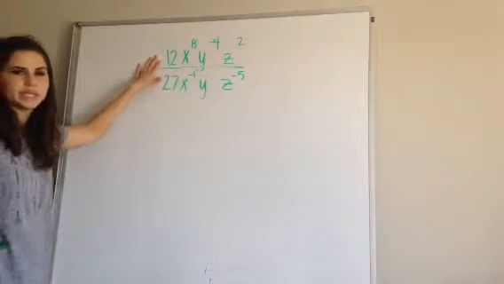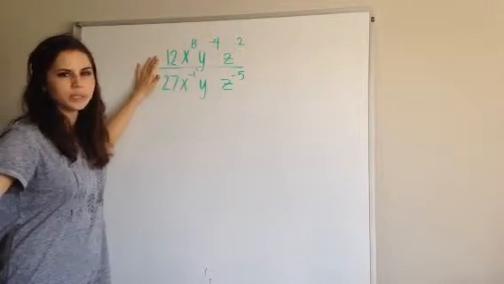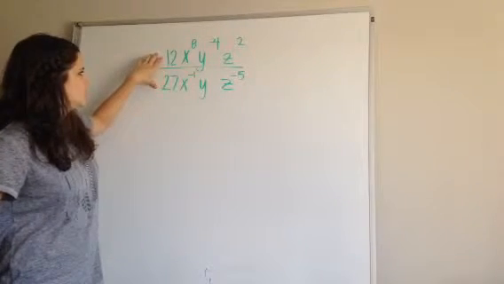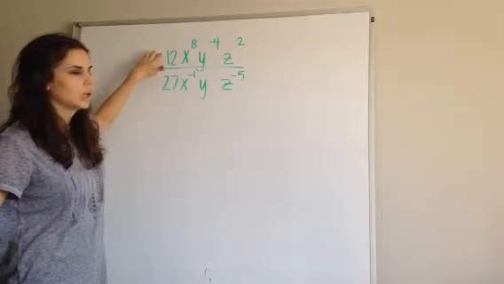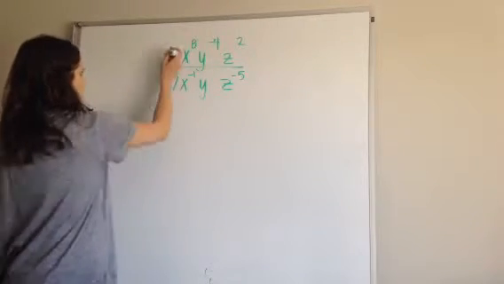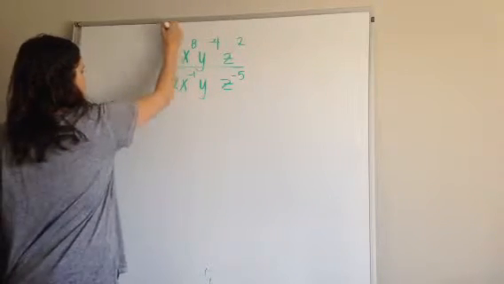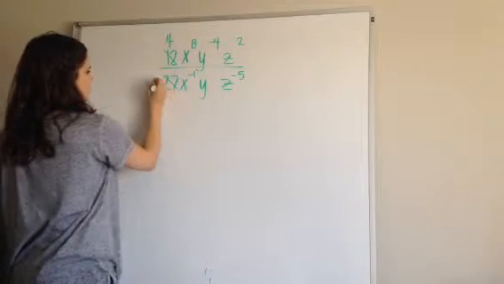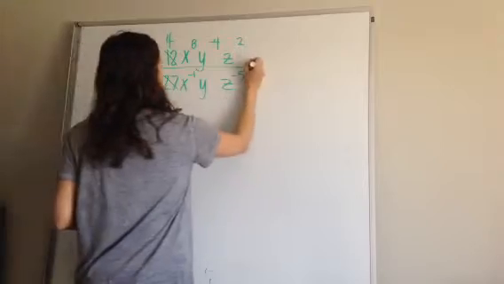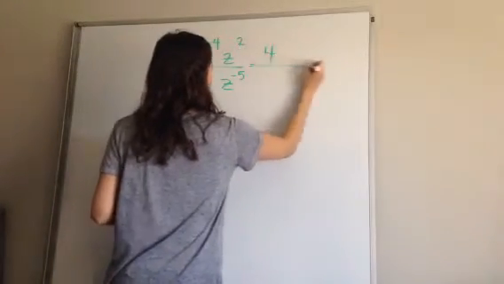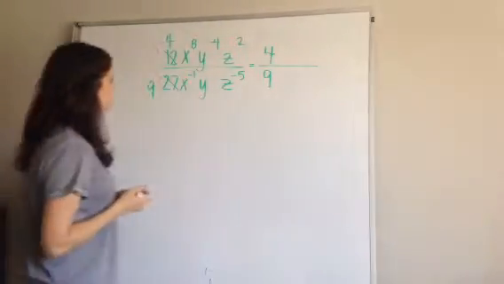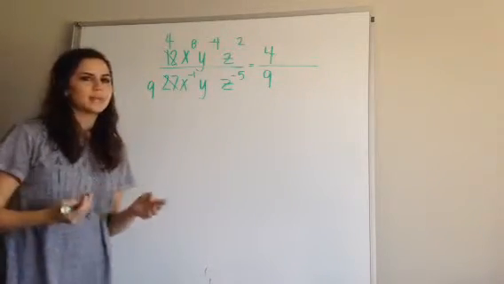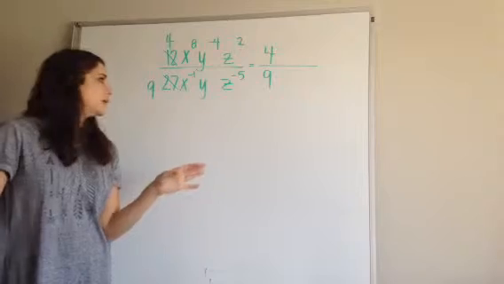So 12 and 27, we have to think of a number that can go into both of those. 3 can go into both of those. 3 goes into 12 4 times. 3 goes into 27 9 times. So I'm going to go over here and write 4 and 9.